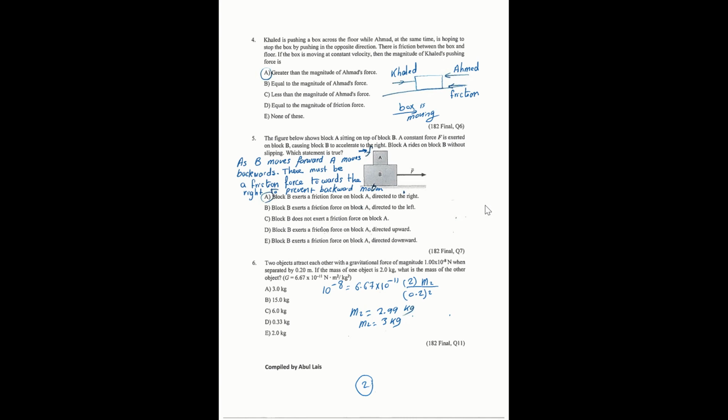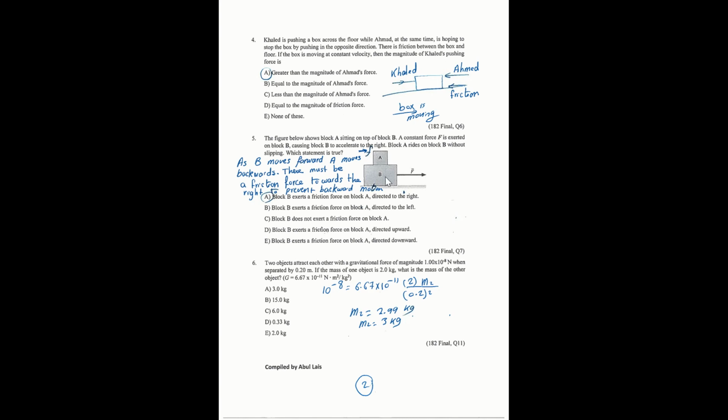Okay, let's now move on to problem number 5, and it says that the figure below shows block A sitting on top of block B. A constant force is exerted on block B, causing block B to accelerate to the right. Block A rides on block B without slipping. Which statement is true?